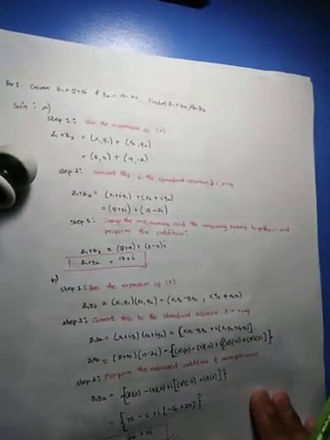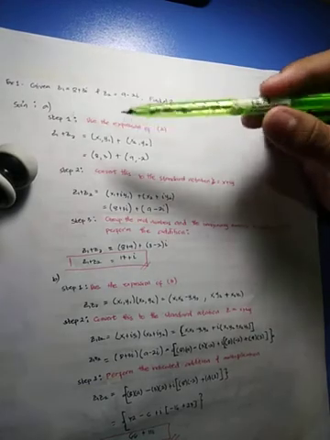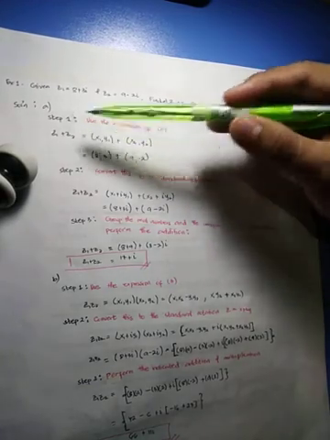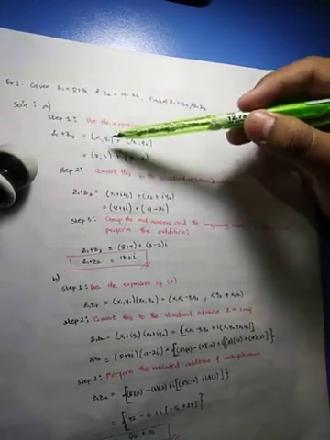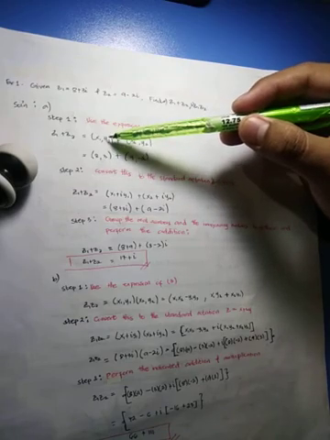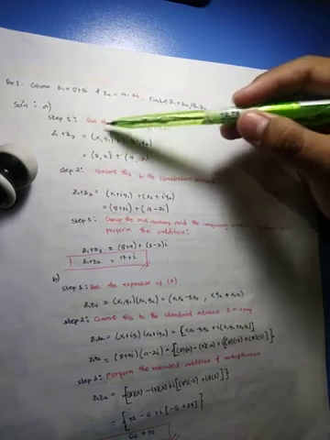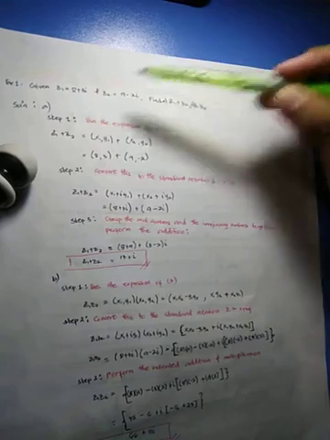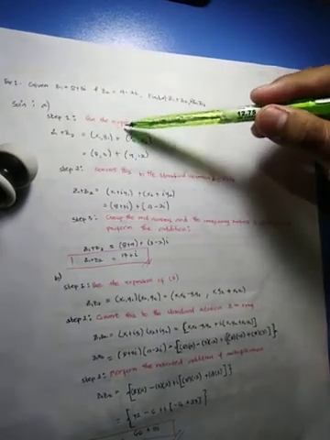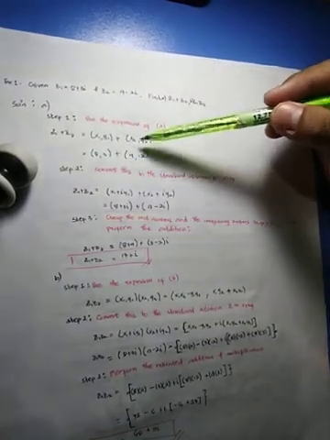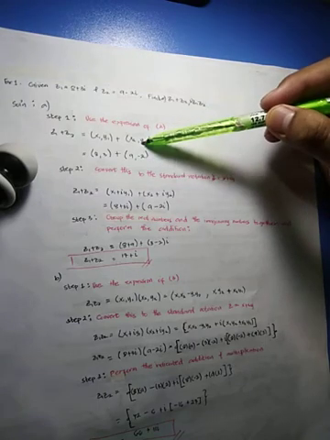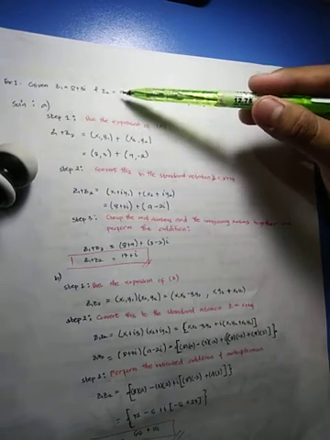For step number 1, we have z1 plus z2, or we have x sub 1, y sub 1. This is for the coordinate of the first complex number, plus x sub 2, y sub 2, which is also the coordinates of the second complex number.